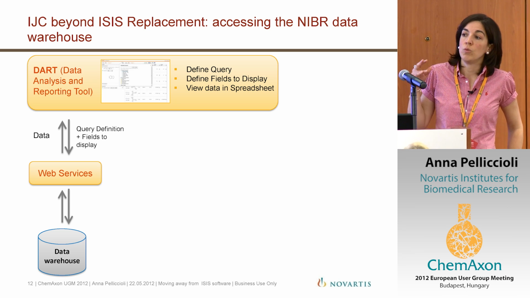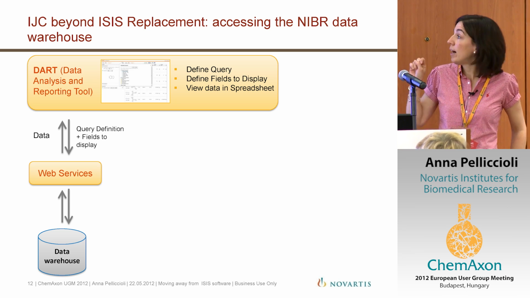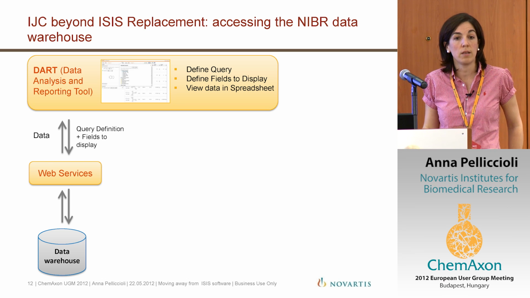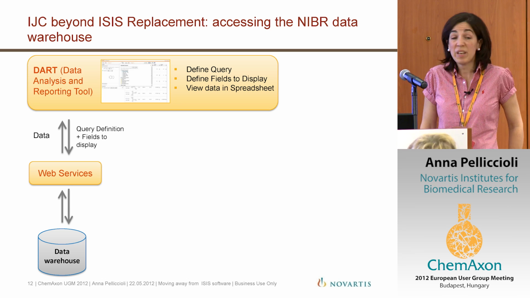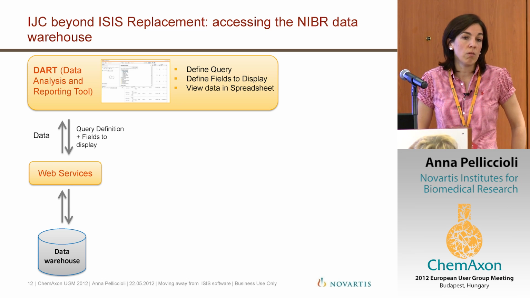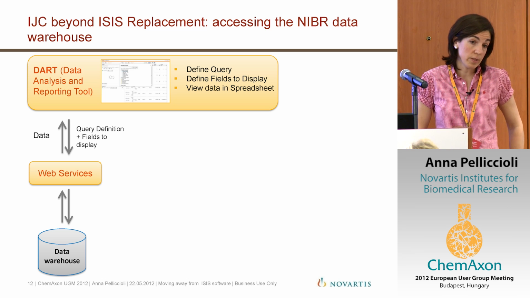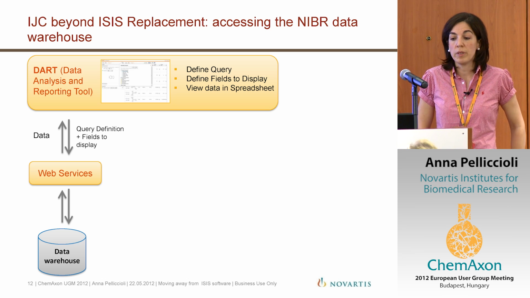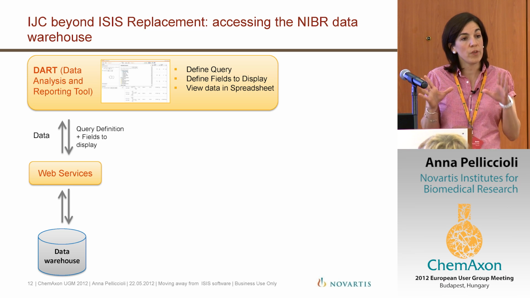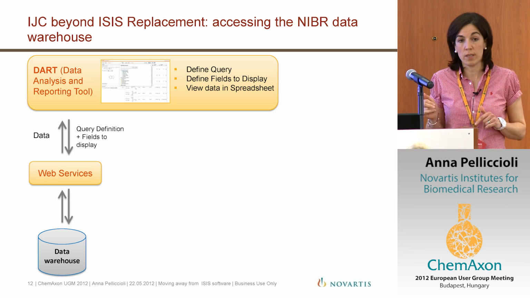Dart allows you to put together queries, define the query, define the fields you want to display, and show the data in a spreadsheet format. But it doesn't have forms. So instead of duplicating all that nice functionality that's already in IJC in Dart, we thought it would be a good idea to use IJC to do that. So if people want to have a form view of the data, they could use IJC instead.